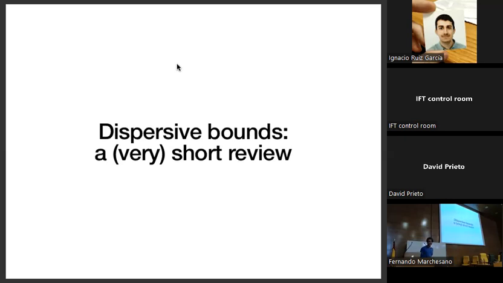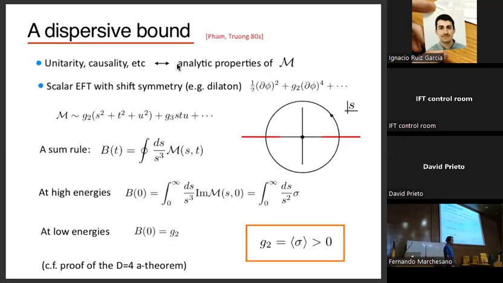So the review: let me tell you the technology we use. We use scattering amplitudes. We use really old technology, dispersion relations. If we have a scalar with a shift symmetry, we can consider an integral of the amplitude around an arc at very high energies at fixed t, a fixed momentum transfer. Based on some assumption about how the amplitude behaves at infinity, we can say that integral is 0.